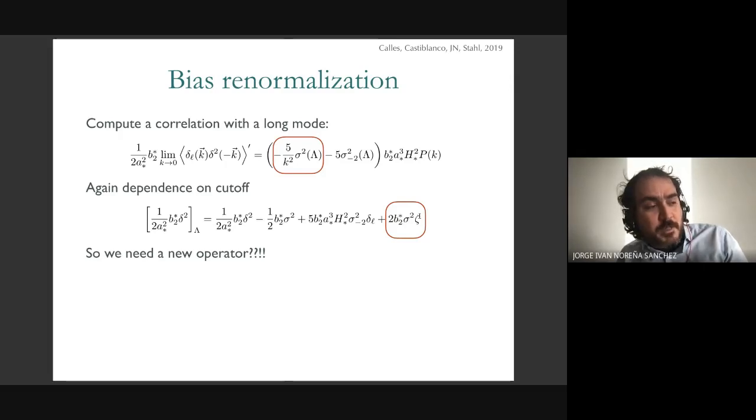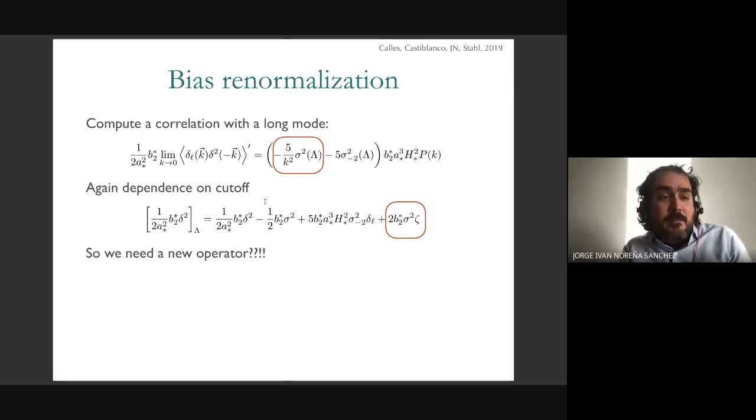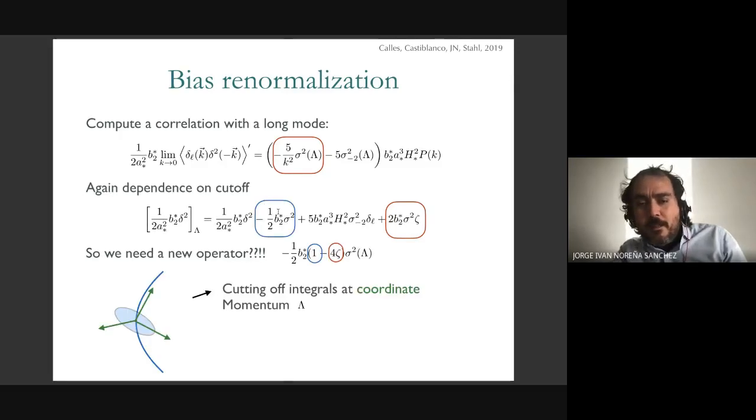It would be impossible, because when you renormalize with some new operator, you need to include an arbitrary coefficient in your bias expansion. So it really becomes completely degenerate, and you cannot measure primordial non-Gaussianity. However, this is not the case.